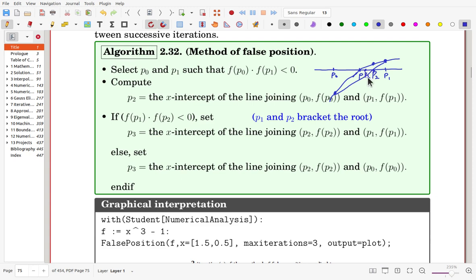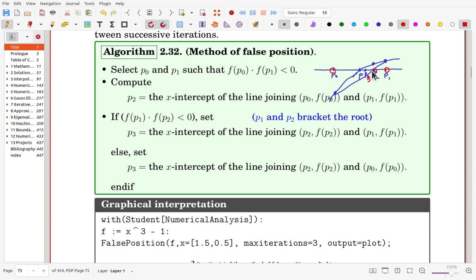So here, the manner is that by using P0 and P1, we get P2. And now to get P3, we check whether the solution is on this side or that side.